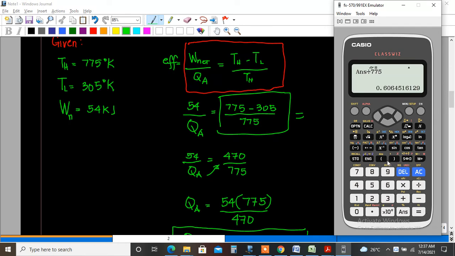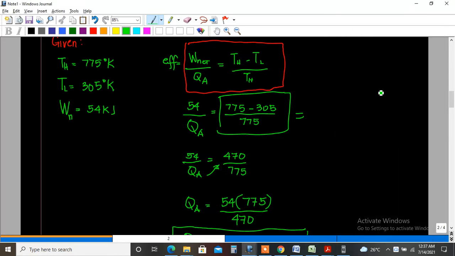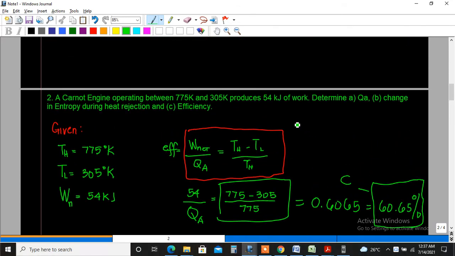That is 0.6065, or multiplying that by 100, we will have 60.65% efficiency. Okay, this is letter C.